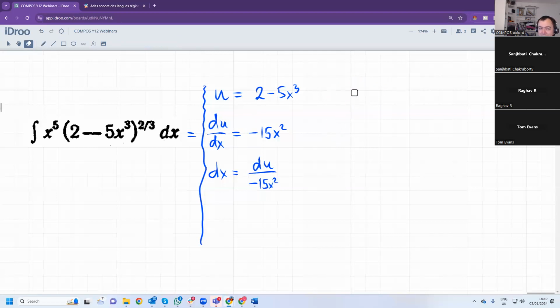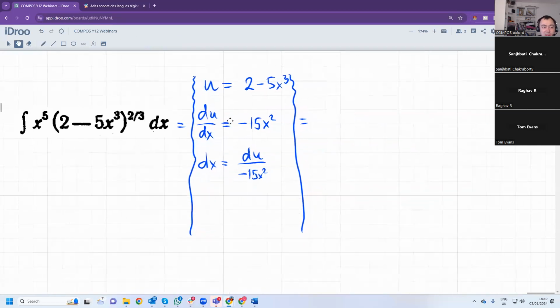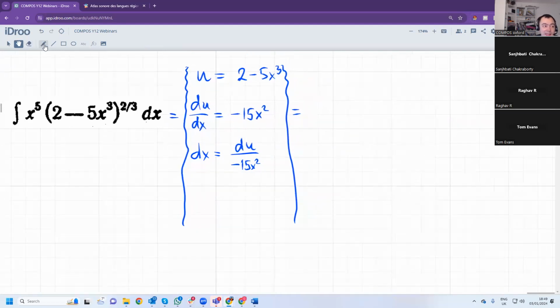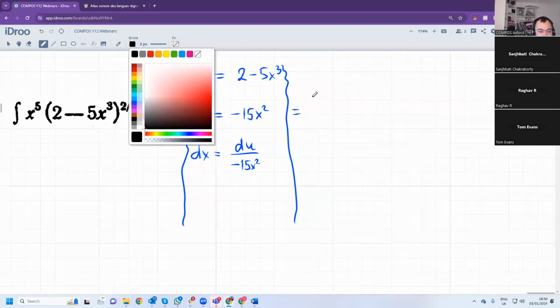The aim is to make it simpler, not introduce fractions with radicals. I'm not allowed to proceed until the substitution is full, until there is no x left.